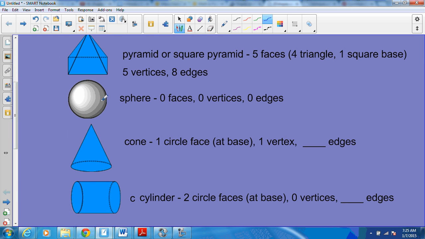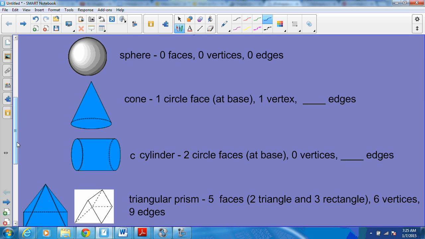We have a sphere. A sphere does not have any flat surfaces, so therefore it has no faces, no vertices, and no edges. We have a cone. A cone has 1 circle face at the bottom. Because it only has 1 circle face, it cannot meet the sides of any other.